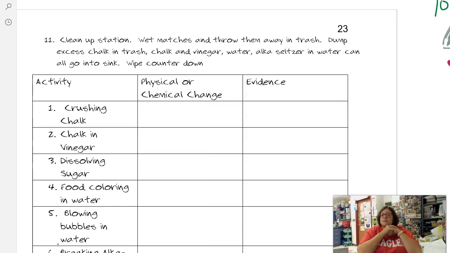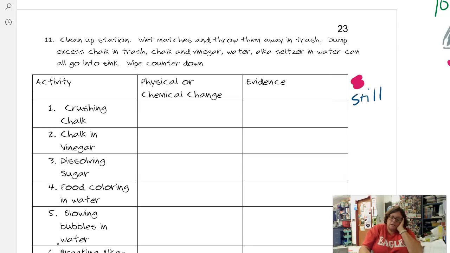If you made something new with different properties, that's a chemical change. If it's still the same substance, it's just changed how it looks, that's a physical change, and you need to share your evidence.